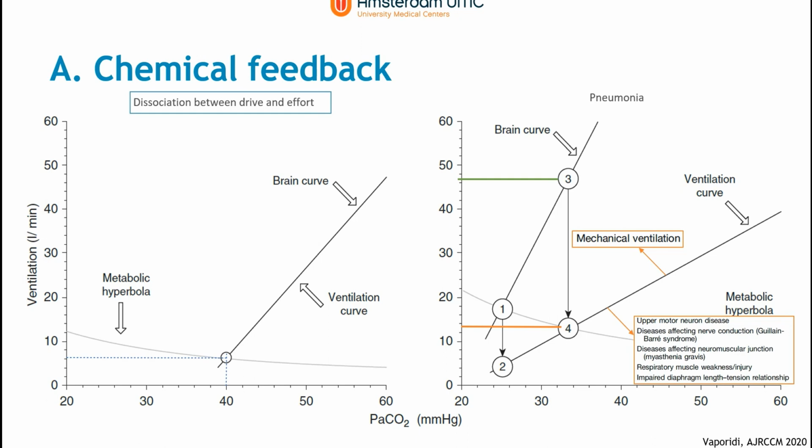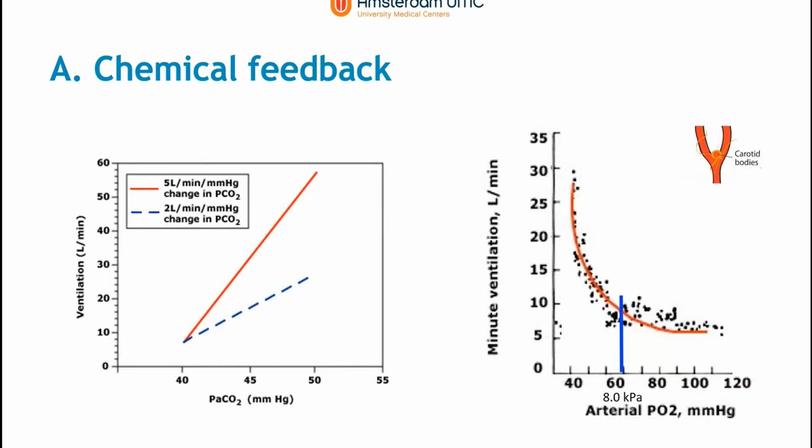I know it's complicated, but I think it's very important and it's a very interesting part of the physiology. So to make it simple again, so those who have lost me, come back right here. So pretty simple. Increases in arterial CO2 have a huge response on minute ventilation, somewhere between 2 and 5 liters per minute.